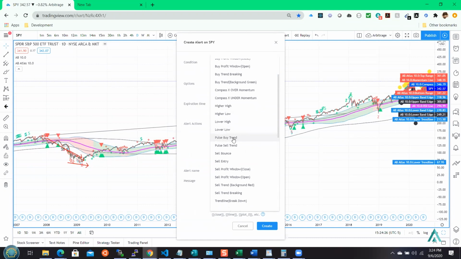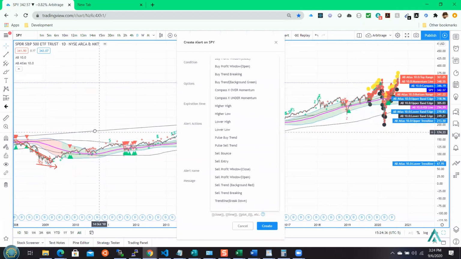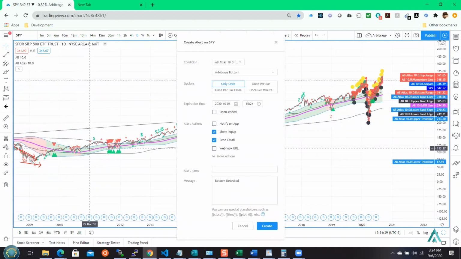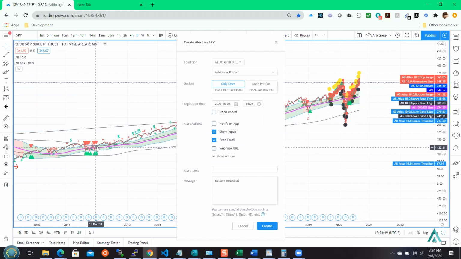A pulse buy trend is when the candles get above the pink line and the band is green. If all those are true, it tells me to get in. Any of the red ones, it totally ignores. So all you're trying to get is the dollar sign. From green to dollar sign or plus or whatever that tells you to leave, you can leave. Otherwise, every time it turns back green, it lets you know you can get back in.